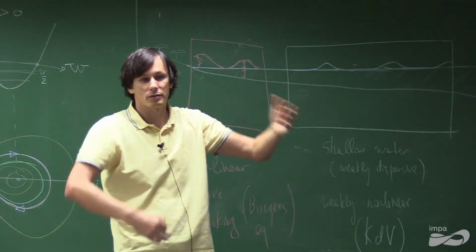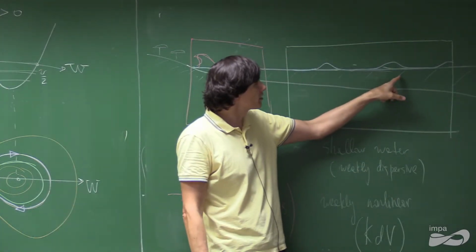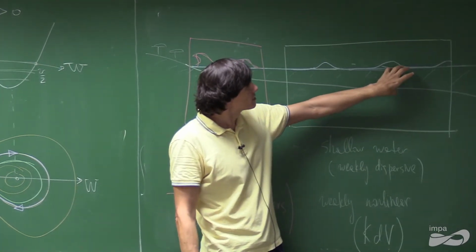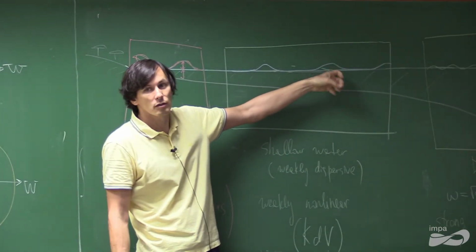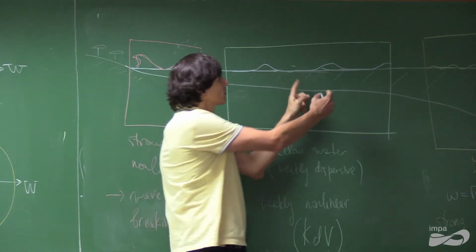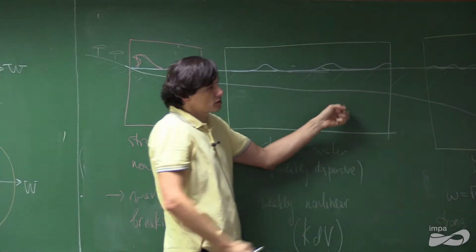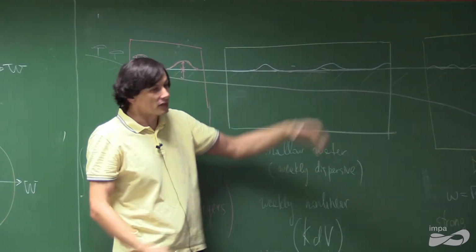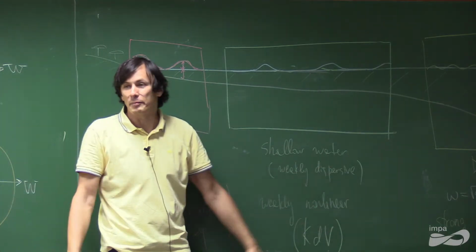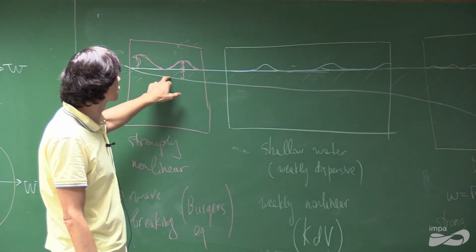And then suddenly, in a certain region where it's still deep enough that the wave is short but the depth is small compared to the wavelength, so it's weakly dispersive, you suddenly get a very clear pattern forming. And then when it becomes too shallow, they fall.